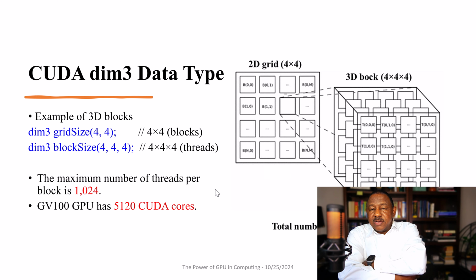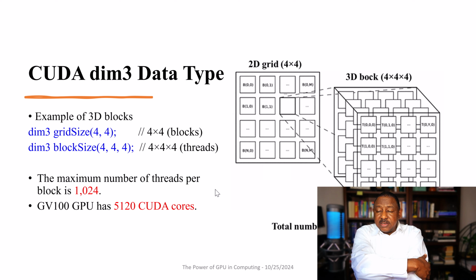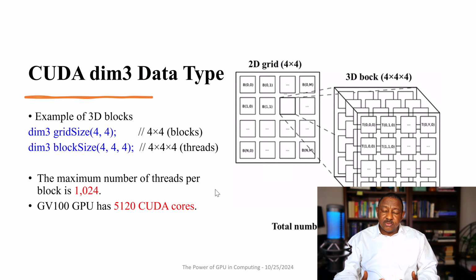And we can also do that in 3D as well, as you see. That depends, as we said, on the data structures that we have. Most of the time, if you are dealing with a 1 dimension problem like vector multiplication, then we will use 1 dimension.